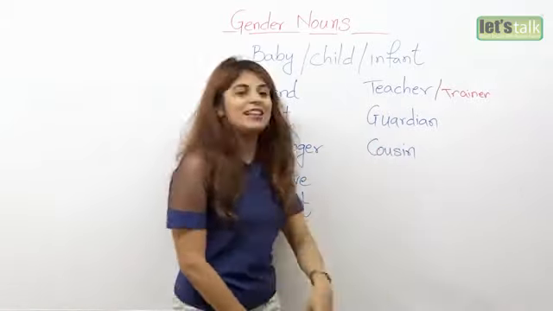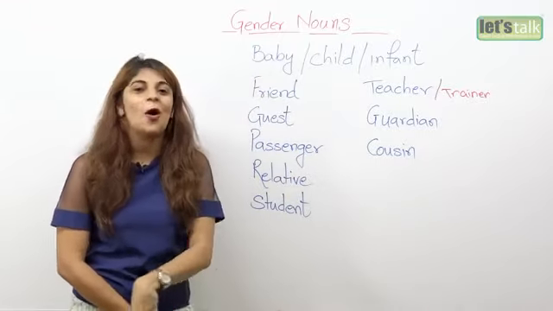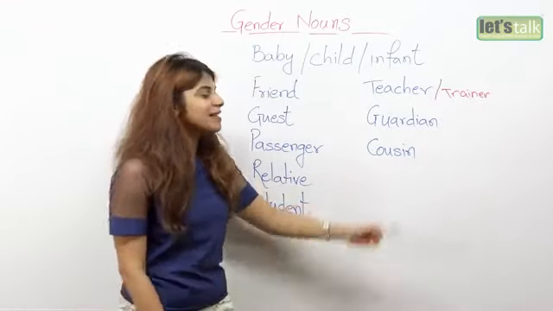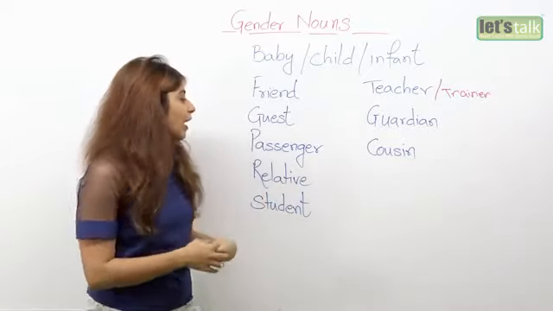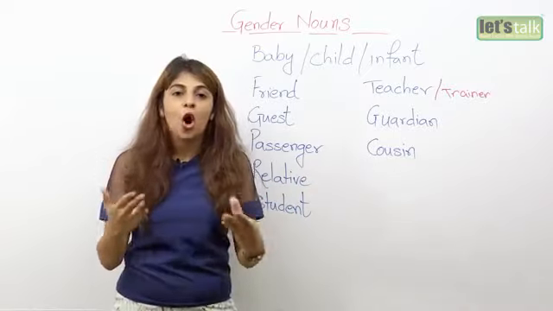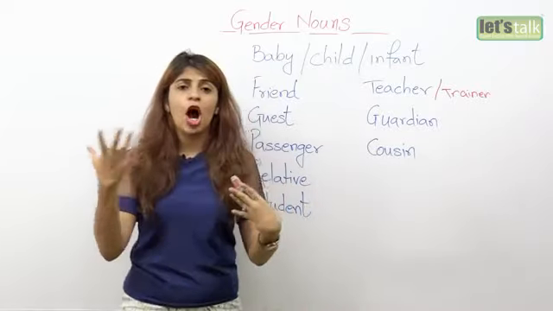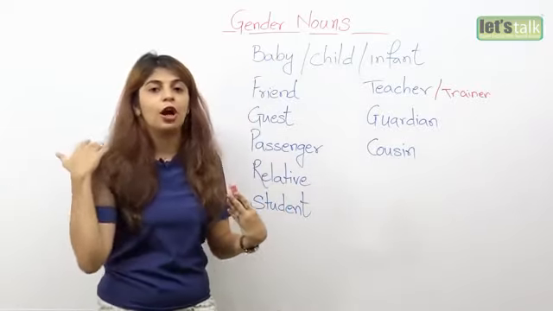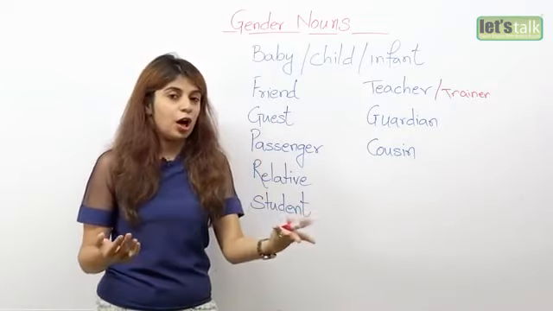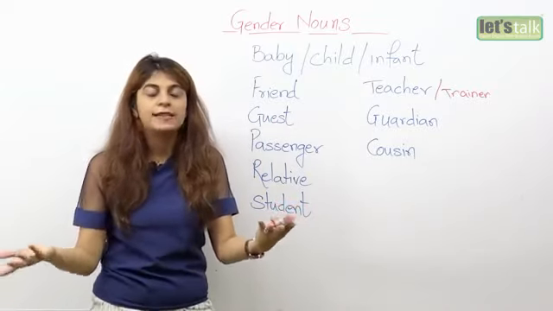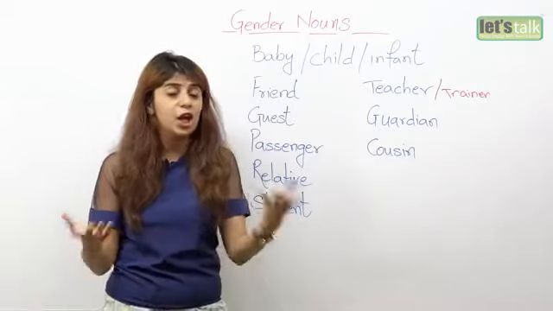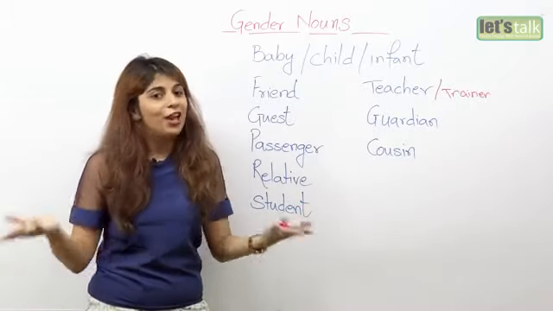And then the last one that I have for you here is your cousin. Cousin is again your relative. A cousin is not your sibling, but if it's your aunt, your aunt's daughter is your cousin, and if it's your aunt's son, he is your cousin too. So be it a girl or a boy, they are your cousins.